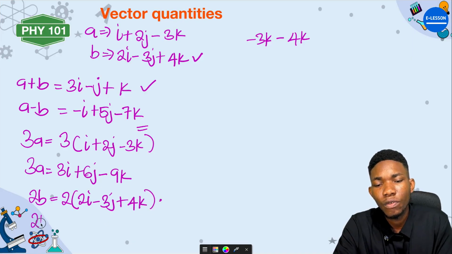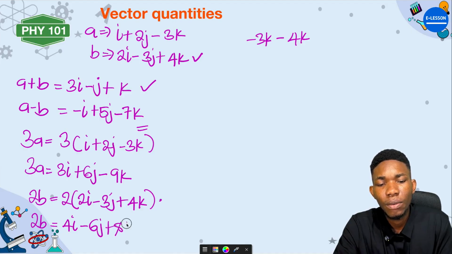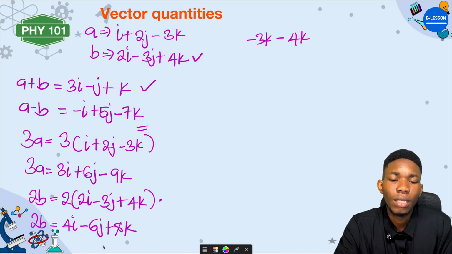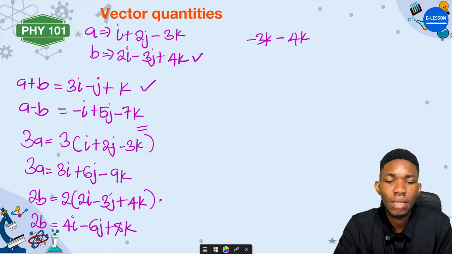Is that okay? So for 2b, 2 times 2i will give us what? 4i. 2 times minus 3j will give us what? Minus 6j. Plus 2 times 4k will give us what? 8k. Is that okay? So this is what we have. 2 times this, 4i, 2 times this, 6j, 2 times this, 8k.